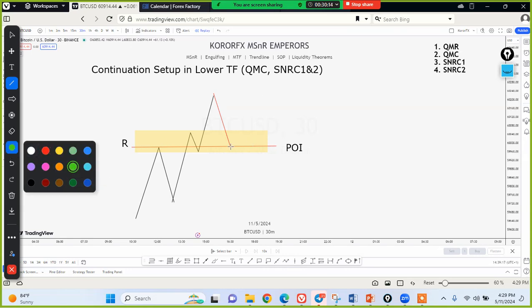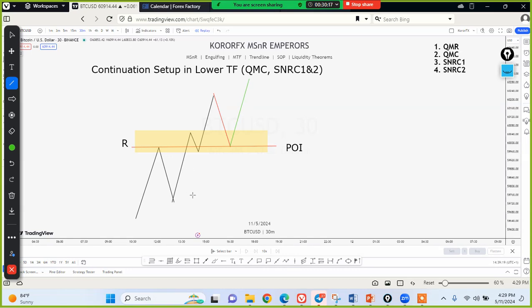So why is it SNRC1? Because there is only one SNR that the price will break, which is the resistance level. We cannot say a breakout level because it's only one SNR here, and then it builds a base, which means a retest, and then price goes up again.